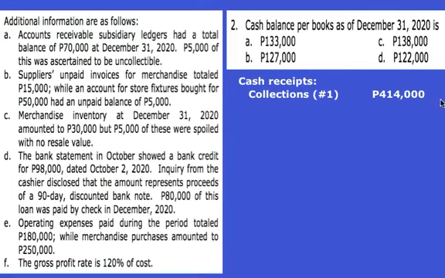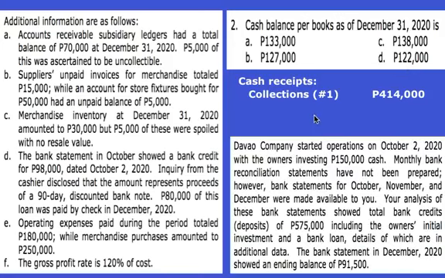So, identify muna natin yung mga inflows. This is first year of the company's operations. So, kapag first year, most likely, saan manggagaling ang cash aside from the collections? So, most likely, manggaling yan sa owners. Okay.